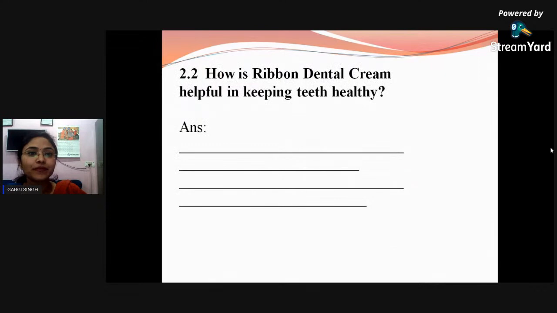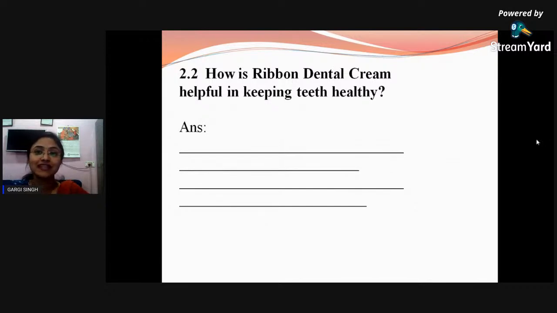The next question is, how is ribbon dental cream helpful in keeping teeth healthy? Now this question is very simple. It's just retrieving the information. It was already given in the advertisement how ribbon dental cream helps in making teeth healthy.